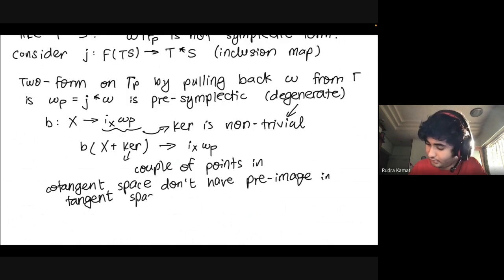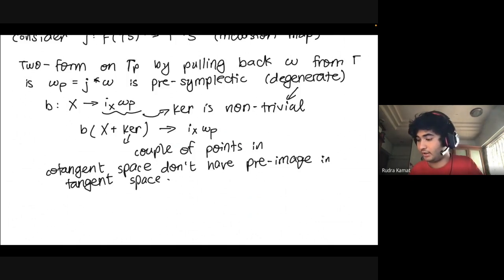What that means is, remember when we had a normal symplectic form, we could just convert a vector into its dual. We could transform it using this interior product operation, and then this was a one form, for example, or an element of the cotangent space.